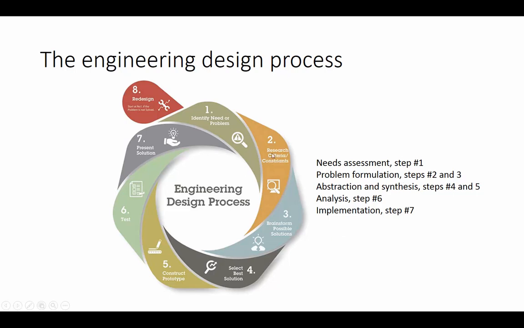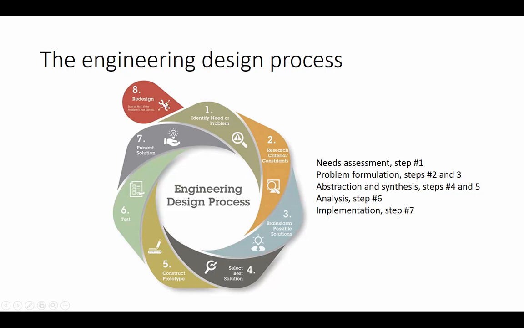And so steps 2 and 3 here are that problem formulation. After that, you've got abstraction and synthesis, and so you're selecting the best solution for your problem, and then maybe you start constructing the synthesis. You're constructing a prototype solution. You analyze the data that comes out of that prototype, and then with those data, maybe you can implement the solution.